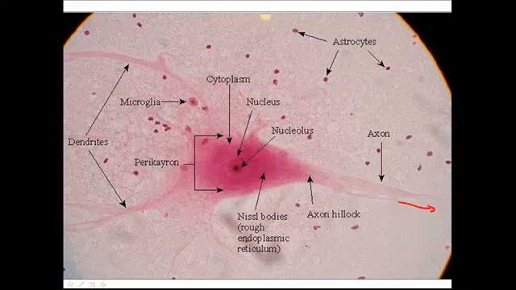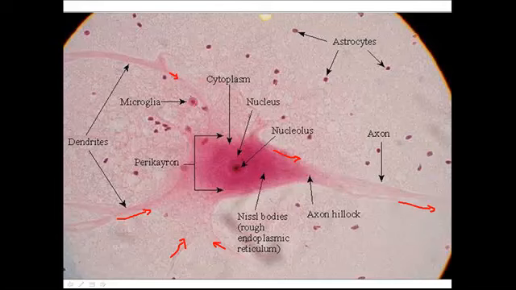So the current runs only in one direction, towards the cell body from the dendrites, okay, and out the axon.